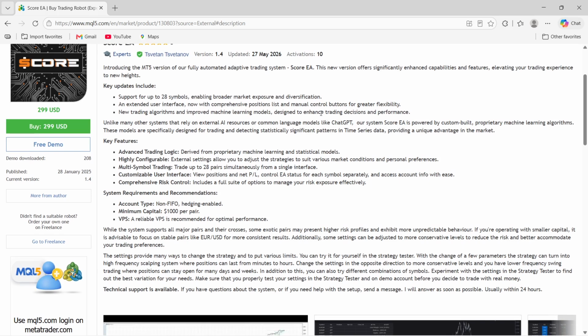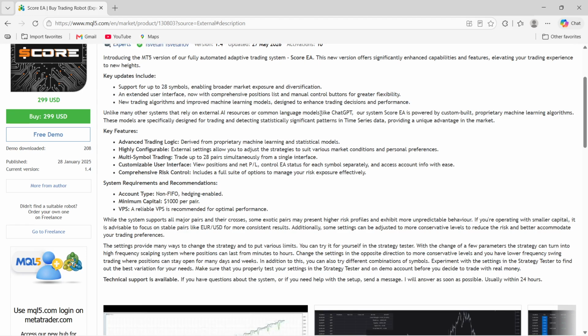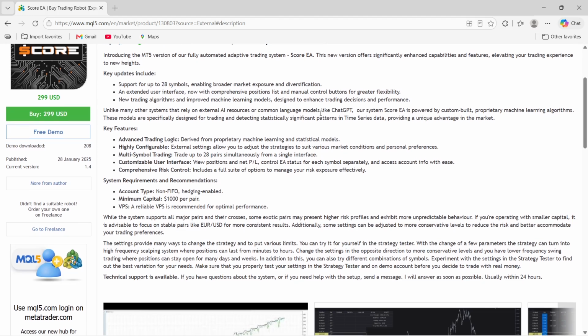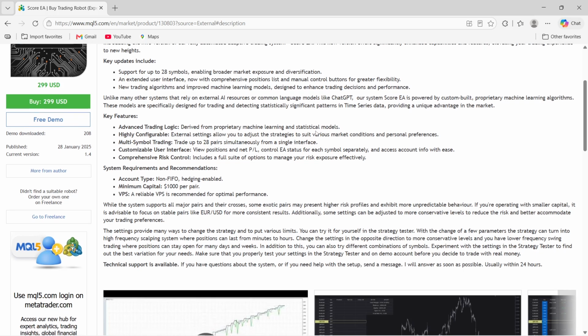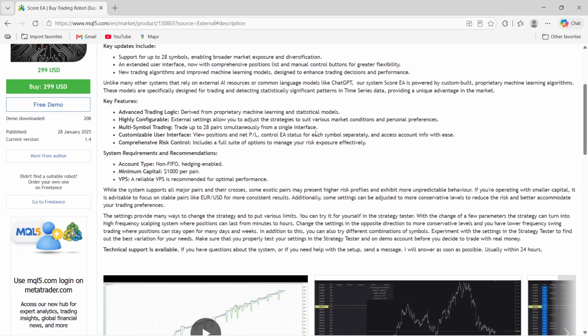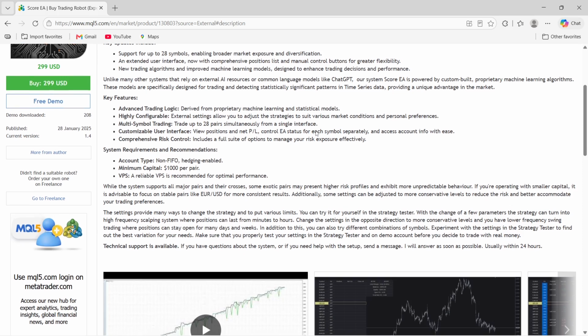Under the hood, the idea is that these models are constantly evaluating price movements, volatility, and other market features, and then generating scores for potential trades. Only when that score crosses a certain threshold does the EA actually open a position. So it's marketed as selective and data driven, not a high frequency shotgun strategy.